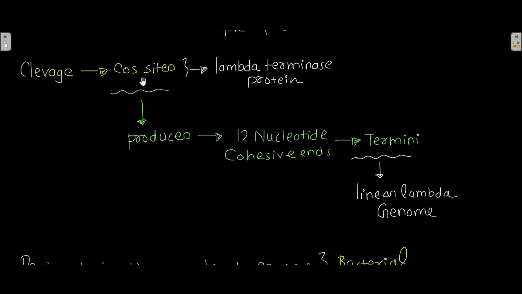Now, cleavage at cos sites by the lambda terminase proteins. These lambda terminase proteins are able to cleave the cos sites during phage packaging, and when they cleave the cos site, they produce 12 nucleotide cohesive ends at the termini of the linear lambda genome.